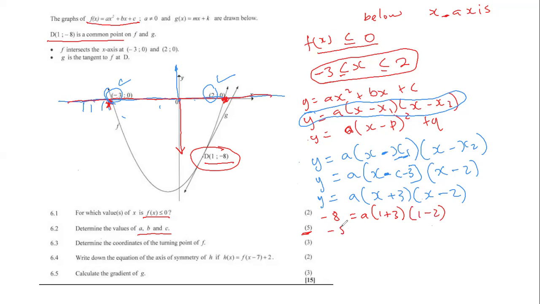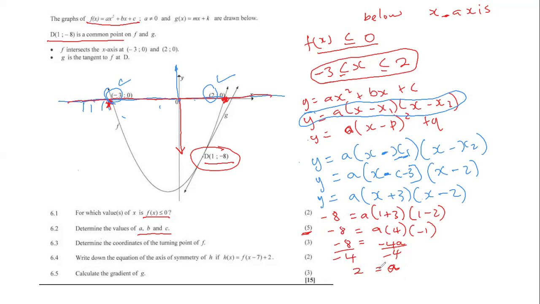So we have -8 equals a into 4 multiplied by 1 minus 2, which is -1. So we're going to get -4a. -4a equals -8, divided by -4 both sides. So 2 equals a.